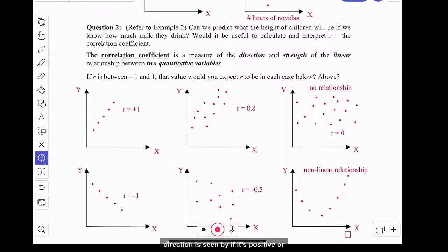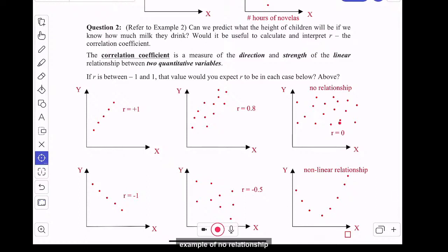Direction is seen by whether it's positive or negative, and strength is how close it fits to the line. So the stronger it is in the positive direction, the closer it is to +1, and in the negative direction, close to -1. When there's more scatter, it moves towards 0. The worse the scatter away from the line, the closer it is to 0.